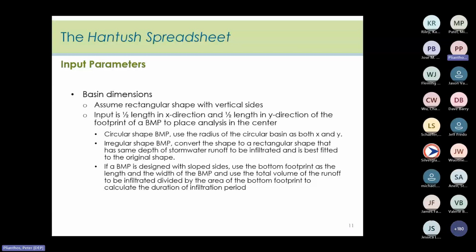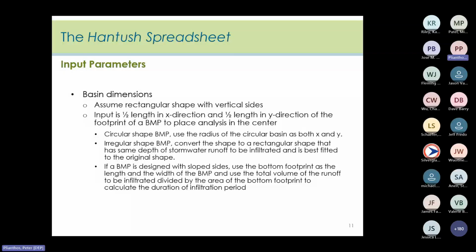Now for BMPs that are not rectangular in shape, we have some additional guidance here. For circular shaped BMPs, use the radius of the circular basin as both X and Y. For irregular shaped BMPs, convert the shape to a rectangular shape that has the same depth of stormwater runoff to be infiltrated and is best fitted to the original shape.